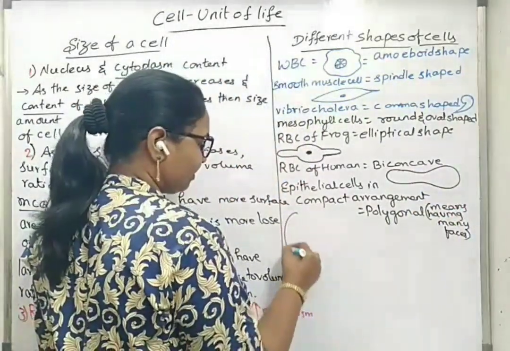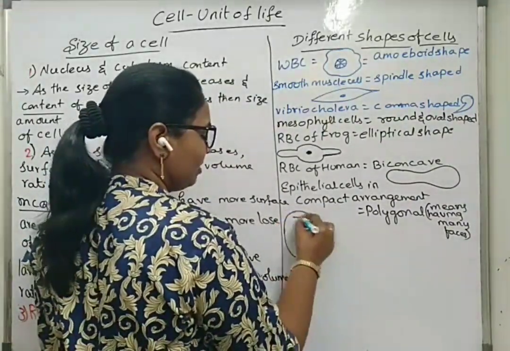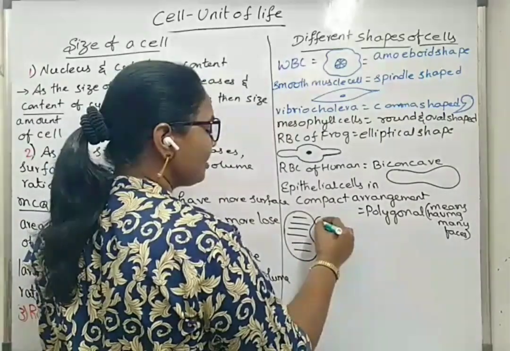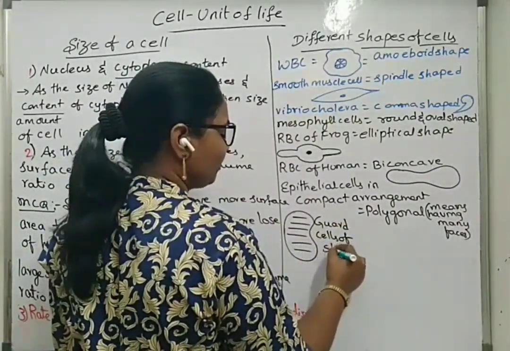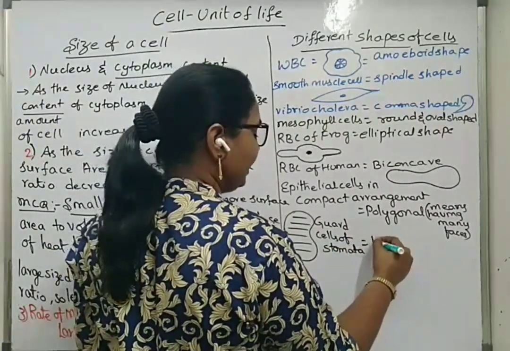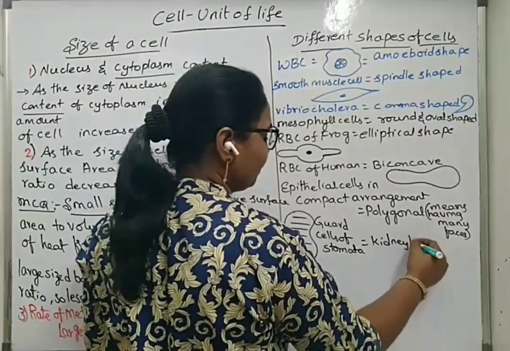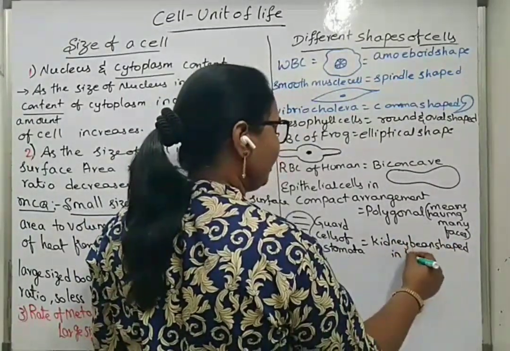Next, guard cells of stomata. These are kidney bean shaped in dicots.